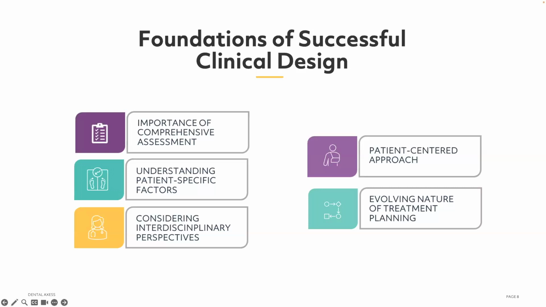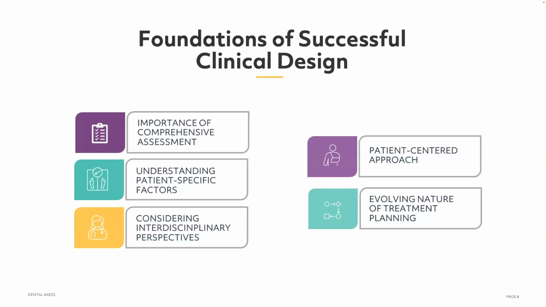Then we have understanding the patient-specific factors, like bone condition and skeletal condition in general. It's going to bring a lot of information, everything in a specific way of what we have in the patient, and then we can consider an interdisciplinary perspective.